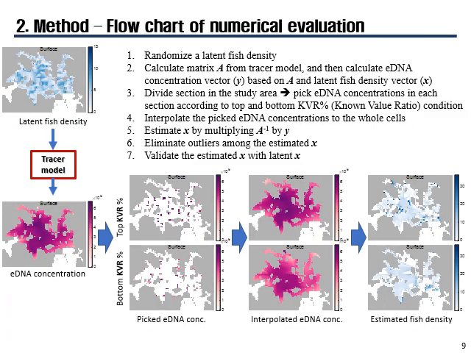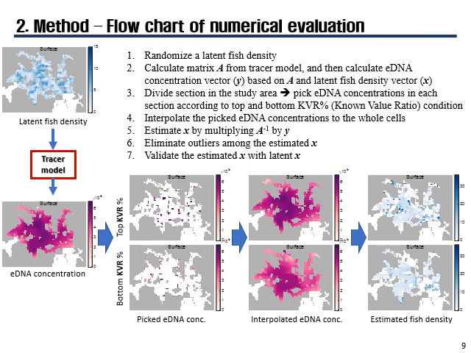In the flowchart of the numerical evaluation, we first randomized 15 cases of latent fish density, calculated the A matrix, and calculated the eDNA concentration. And we divided the study area into sections and picked the eDNA concentration in each section according to the top and bottom cable condition, the known value ratio.